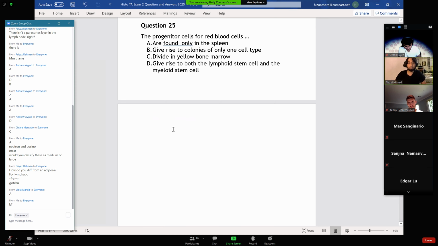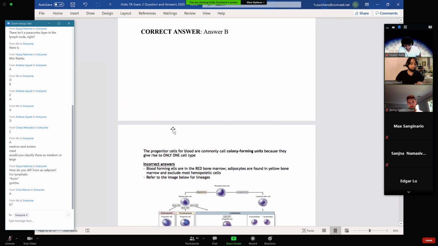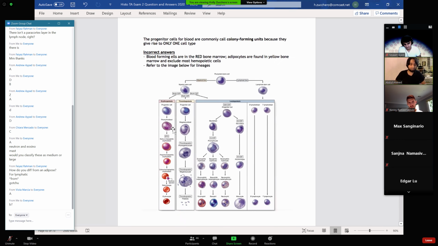They're not in the yellow bone marrow, they're in the red bone marrow. And they do not give rise to both the lymphoid stem cell and the myeloid stem cell. You can see that erythropoiesis, thrombopoiesis, and leukopoiesis each have their own progenitor cells. There are factors that push each progenitor cell to form either red blood cells, megakaryocytes, or granulocytes.